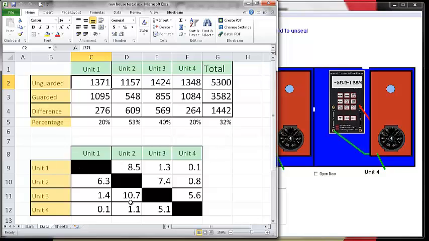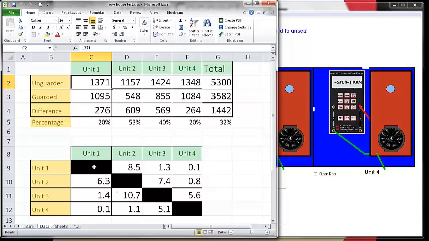And then we can see a lot from this too. This is showing when we're testing unit 1, what are the pressures in the adjoining spaces. So we can see the numbers are biggest when we test unit 1 and look at unit 2, or when we test unit 3 and look at unit 2. Once we get this up on our YouTube site, you can look at this again, and it's interesting to see how these pressures change.